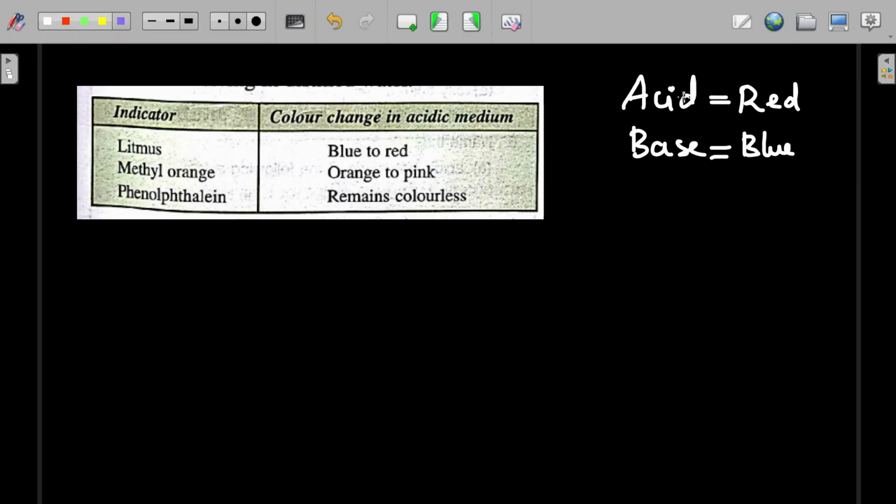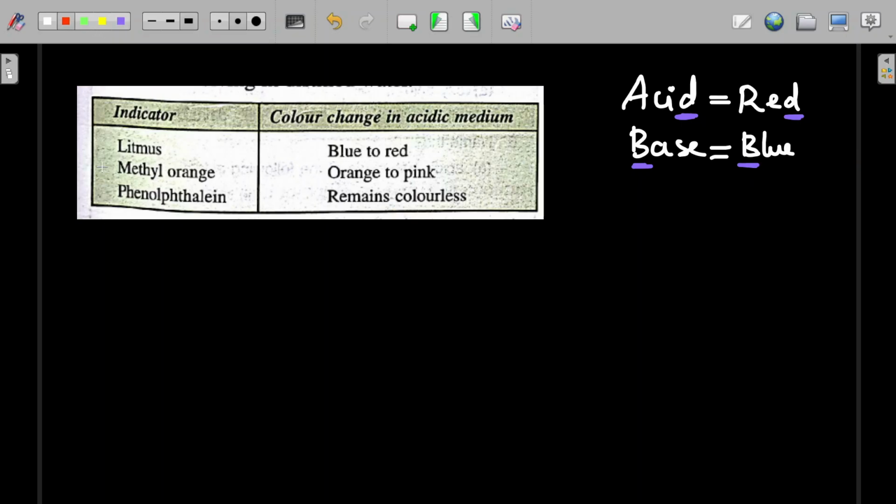That is, DD BB. Acid, you take red litmus or blue litmus, it becomes red only. Base, you take red litmus or blue litmus, it becomes blue only.